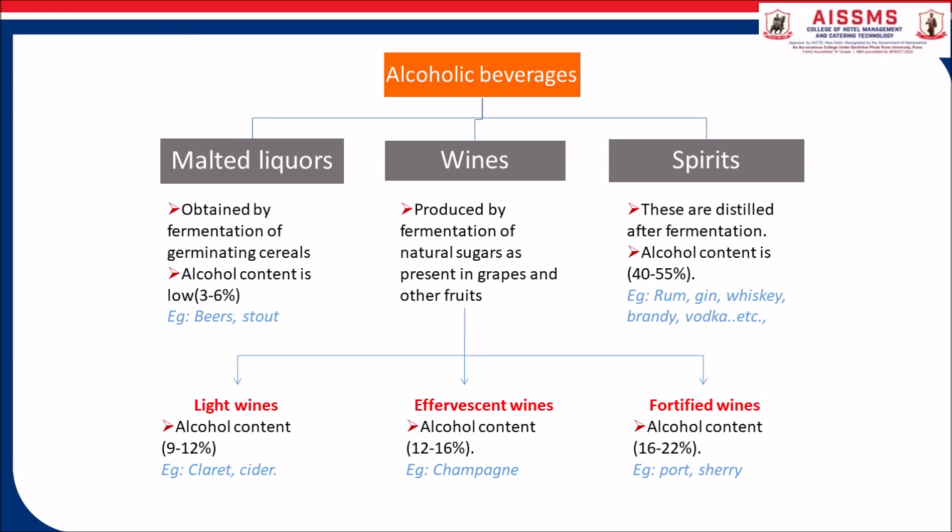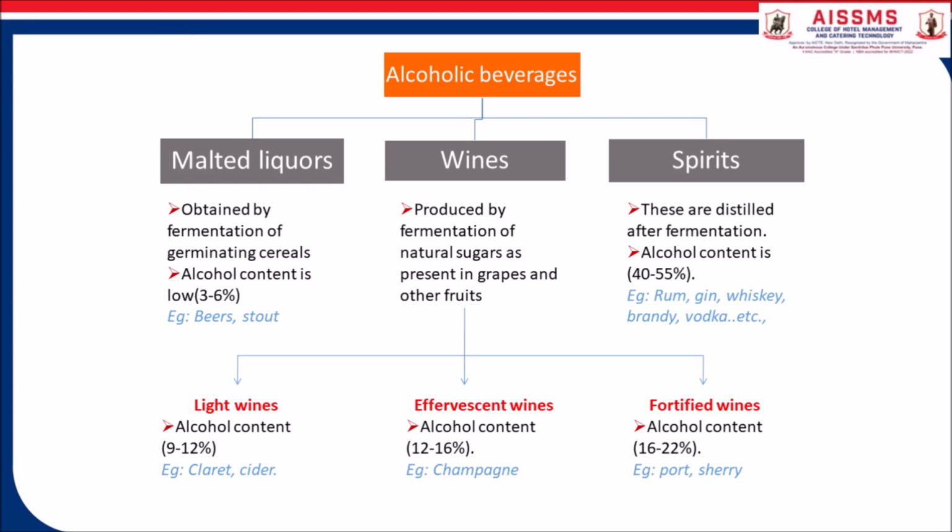To quote certain examples, we have claret and cider. The second category of wines is effervescent wine, where the alcohol content is much higher compared to light wines, ranging from 12 to 16%. The very popular example here is champagne.